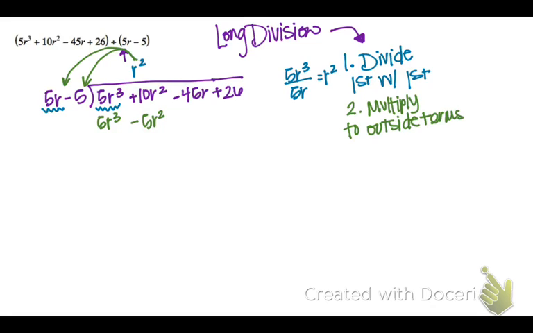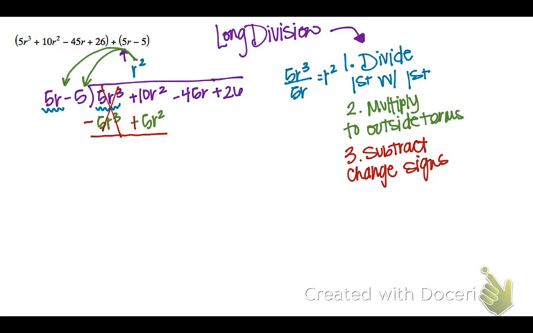Then we subtract. And when you subtract, one way to subtract is to just flip the signs and add. So every time you subtract, change the signs. So this one becomes a negative, this one becomes a positive. These first ones here should always cancel out.